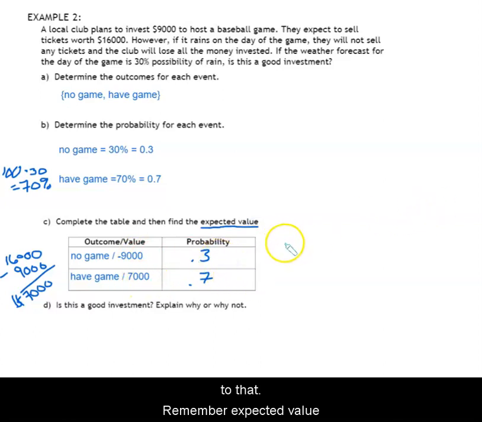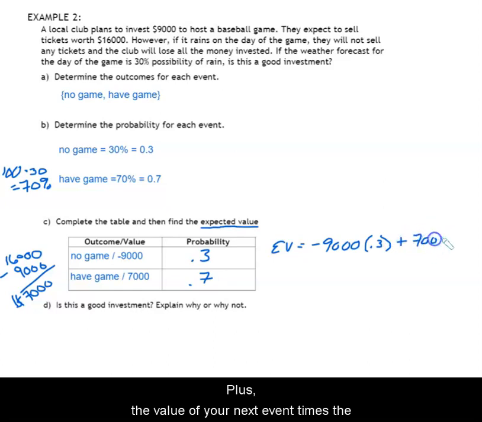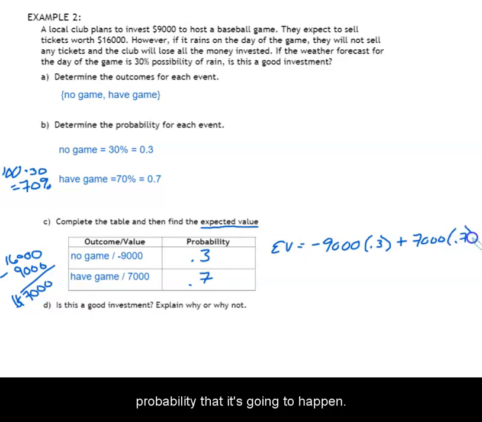So remember, expected value is the value of the event, so that no game part, which would be negative 9,000, times the probability that it's going to happen, plus the value of your next event times the probability that it's going to happen.